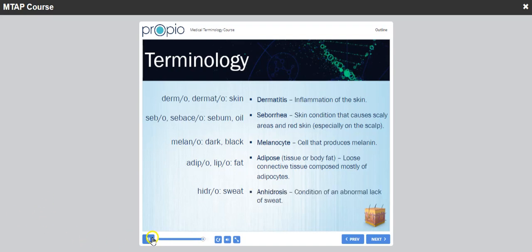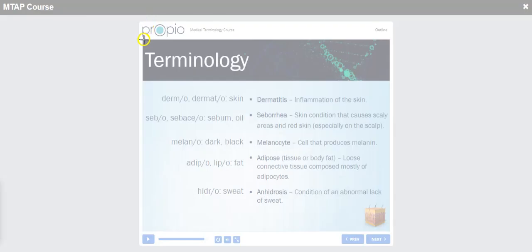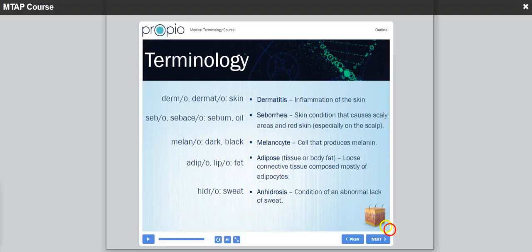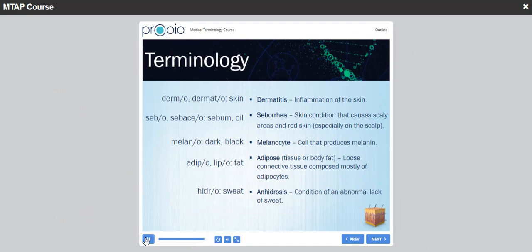Let's talk about sample diseases and disorders related to this system.